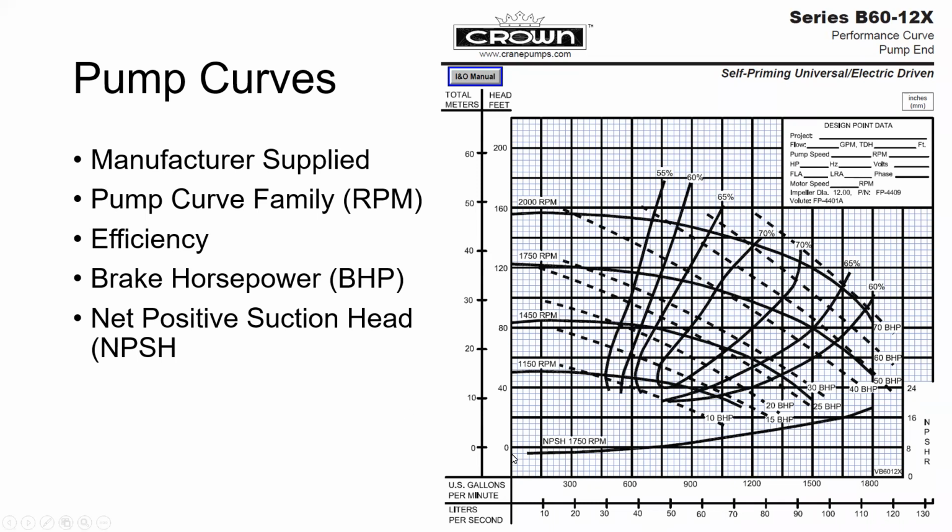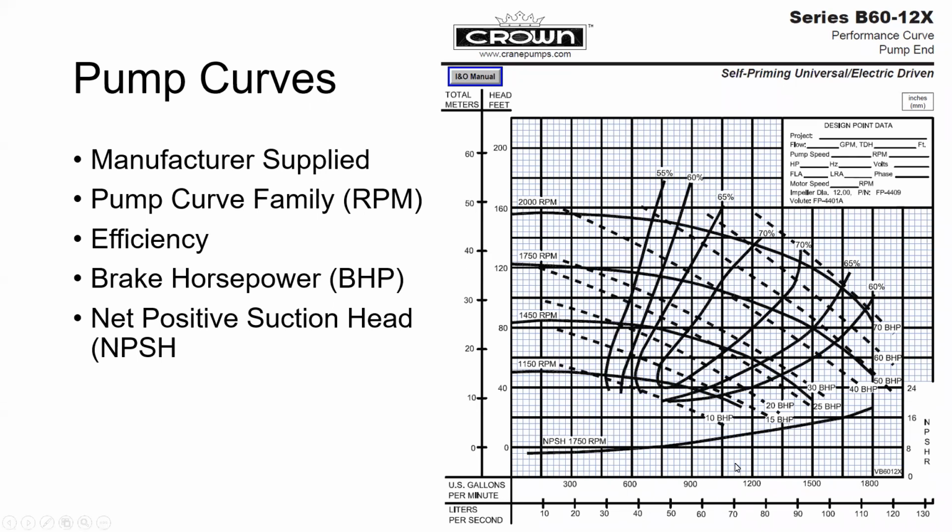The last curve I didn't talk about is net positive suction head. We'll talk about that next after spring break. That's a calculation you can do with this information to say, okay, at this flow rate, we need, you use this number off of this curve to do a calculation to set the maximum elevation a pump can be above a water supply so that you don't have cavitation inside the pump.